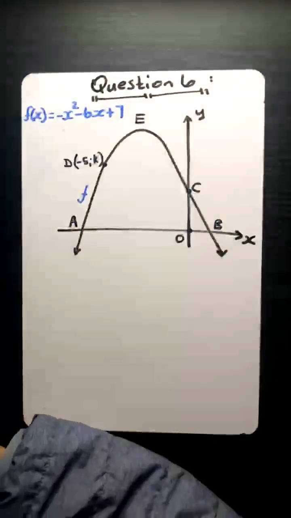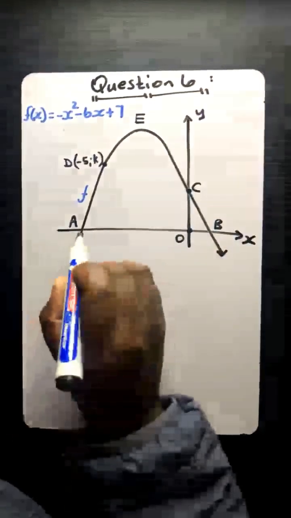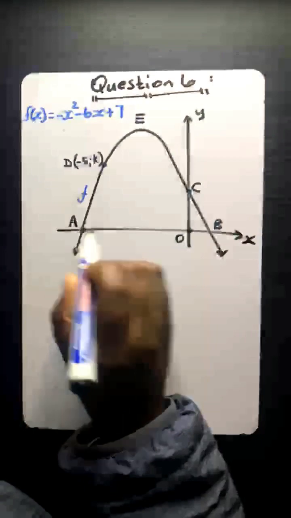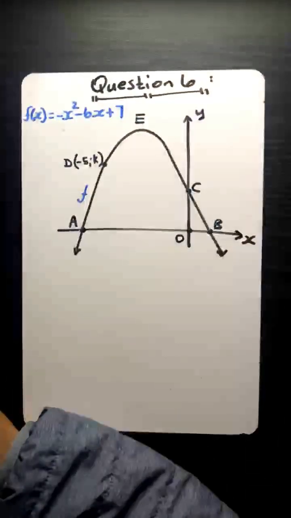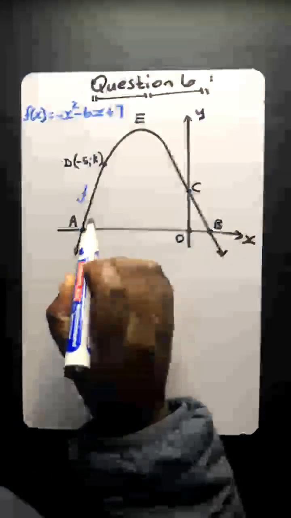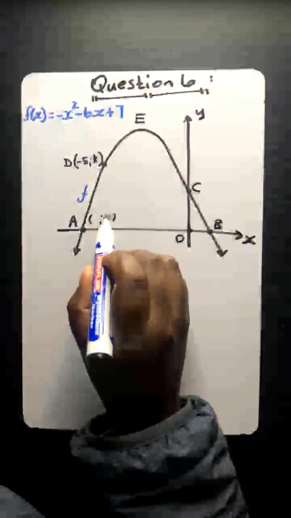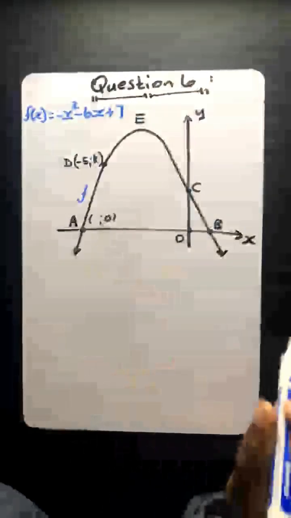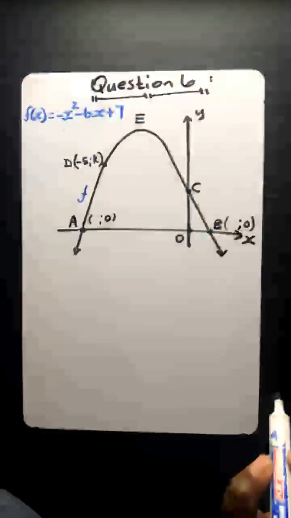So let's see. A and B are the x-intercepts of f. Now we know we have the x-intercepts of f. Most importantly, we already know something about those points. We know very well that y is 0 there.